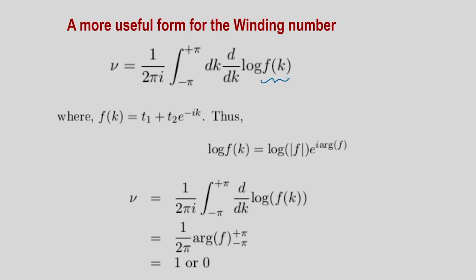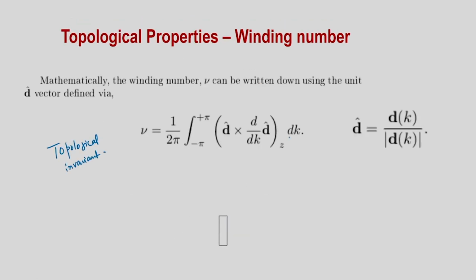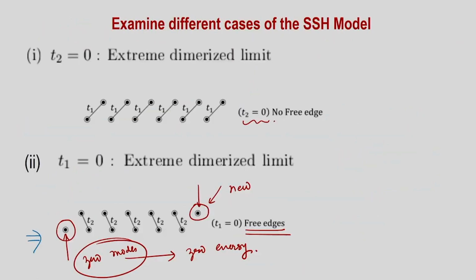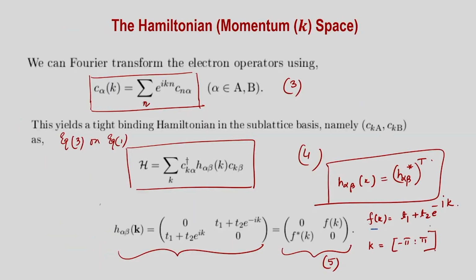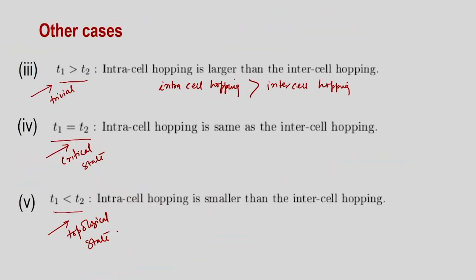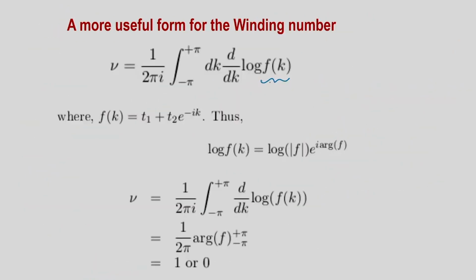You remember that we have defined f of k. F of k was defined here. You take f of k, take the log of that, take a d/dk of that, and then integrate over the Brillouin zone, which is from minus pi to plus pi.